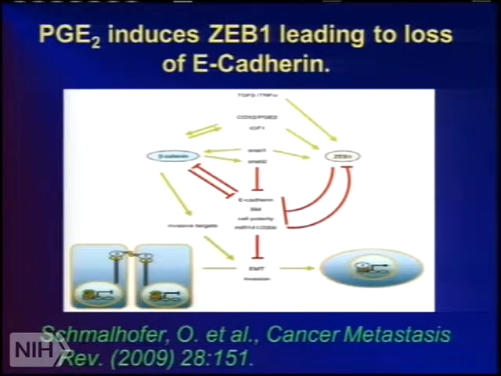So prostaglandin stimulates them to become more mesenchymal. And our COX-2 inhibitors, they basically were stopping the action of the PGE2. So other proteins involved are a protein called snail, and this protein ZEB1 is intimately involved, and when ZEB1 is turned on by PGE2, it inhibits E-cadherin production.